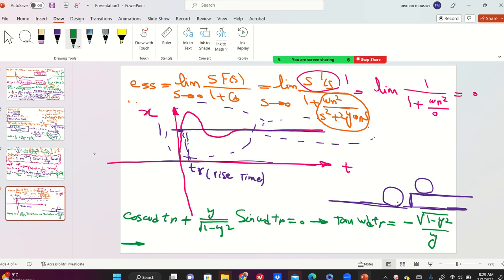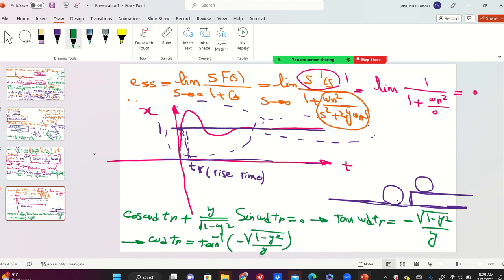From here you get that omega d tr is equal to tangent inverse of minus the square root of 1 minus zeta square over zeta, and bingo, you can find rise time as 1 over the damped natural frequency, for any second order system, times tangent inverse of that expression.